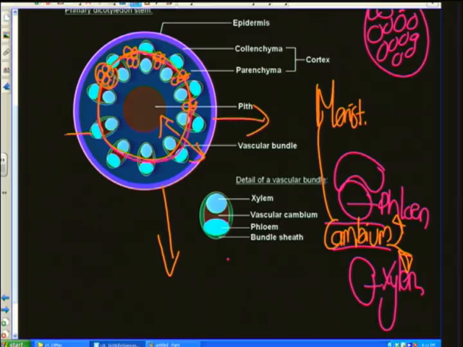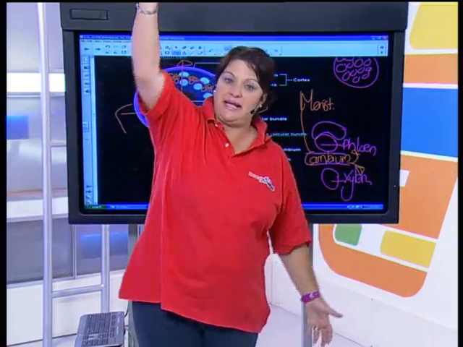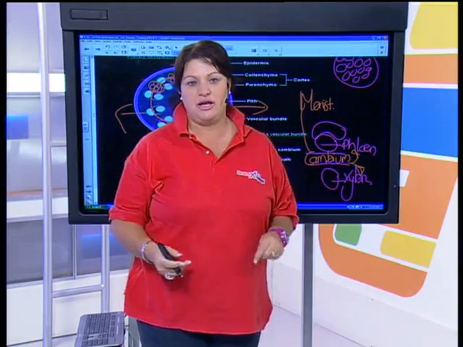My stem will increase in girth. Girth means width, so it's going to get wider. Remember, we do want it to get wider. Why? The wider it is, the better it's going to support the big trees that are usually going to undergo the secondary thickening.